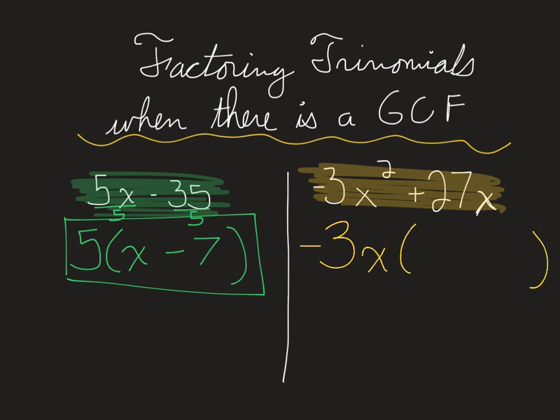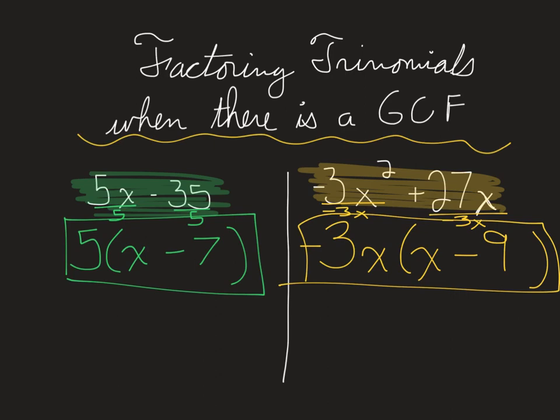To figure out what is left over, you divide every single term by negative 3x. Negative 3 divided by negative 3 is just 1. X squared divided by x is x. 27 divided by negative 3 is negative 9. X divided by x is just 1, so we don't have anything else left over there. So that is what that binomial would look like when your GCF is factored out.